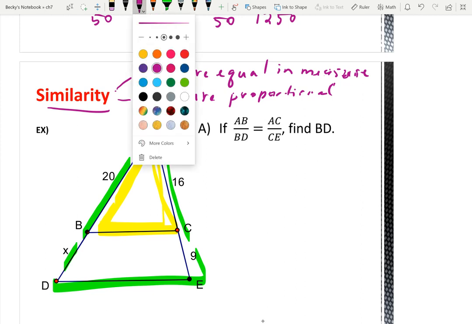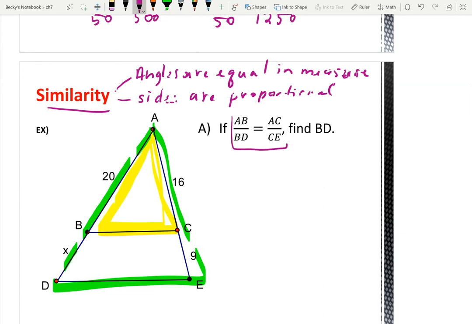Now, the good thing about this one is they give you the proportion. So all you have to do is look at the picture and plug in the values. We'll, again, learn later how to set some of these up on your own. So AB is 20, BD is X, AC is 16, and CE is 9.